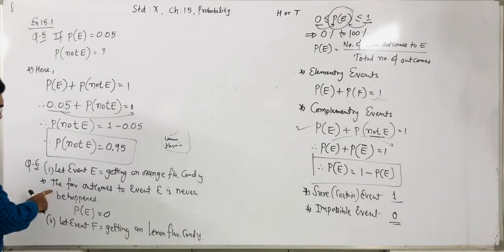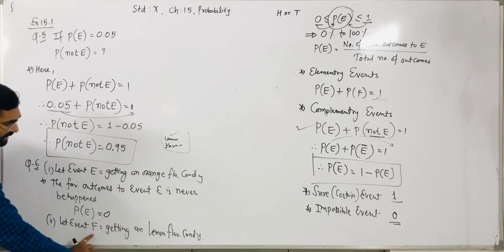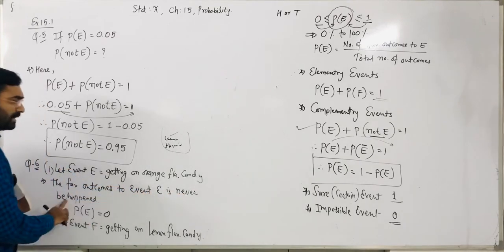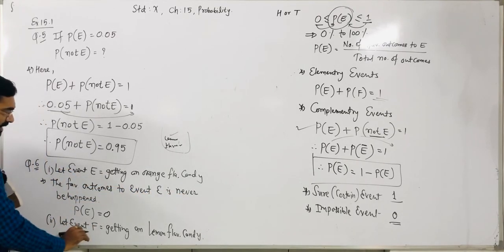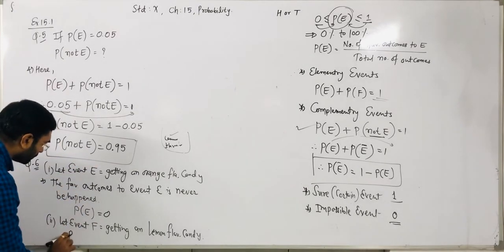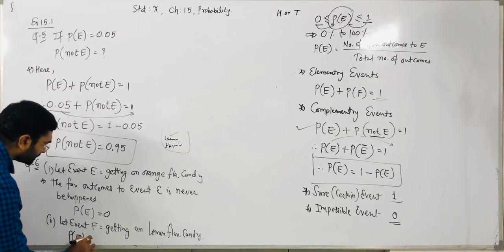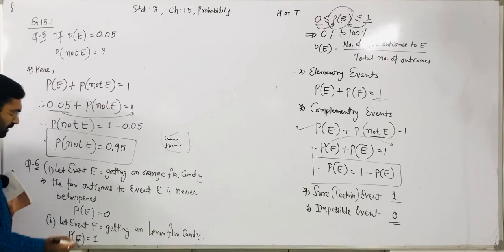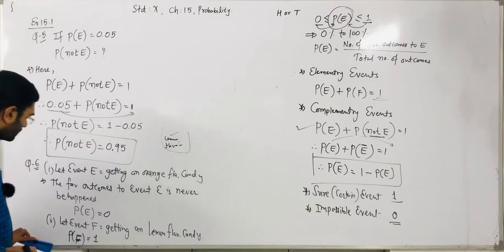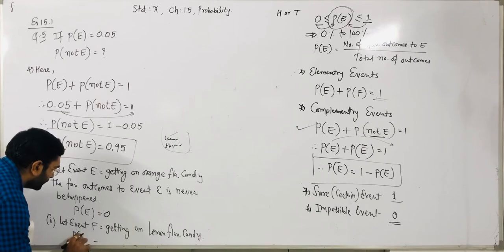Similarly, the favorable outcome of event F always exists. So the probability of event F is 1 only, because it is a sure event. Any candy you get from the bag, it is a sure event, right? So its probability is always P of F is equal to 1.